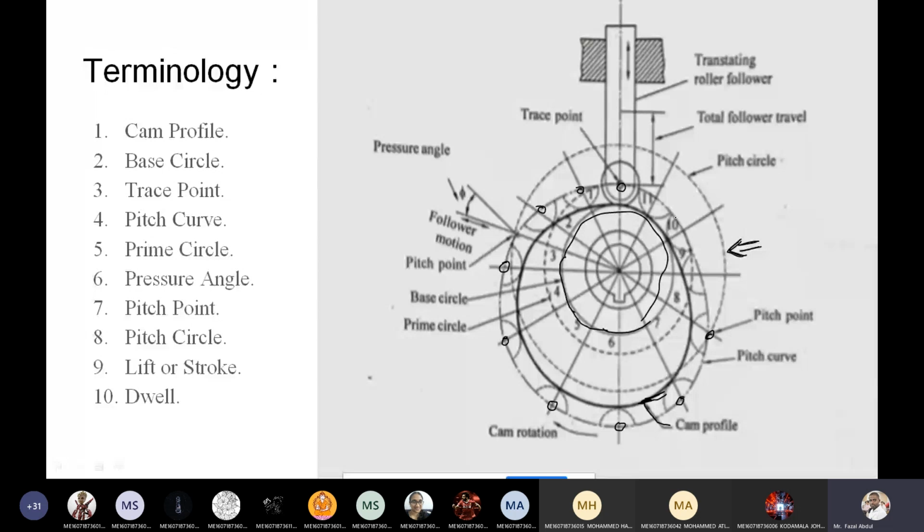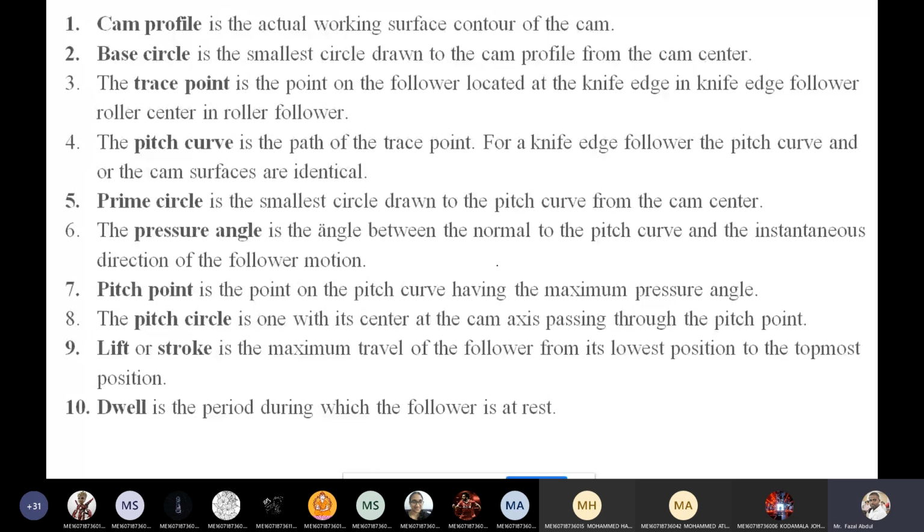Observe one thing, whenever I'm drawing the trace points: for the roller follower, the trace point is located at the center of the roller. See here, this is half of the roller drawn here, and the center of the roller is the trace point. So the trace point is one point located on the follower. For the knife edge follower, the trace point is at the knife edge of the follower.